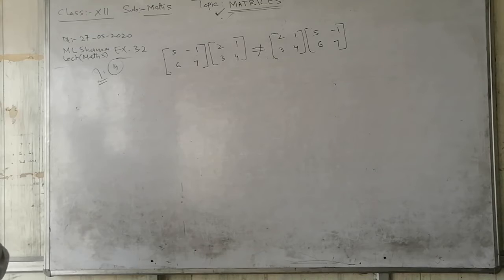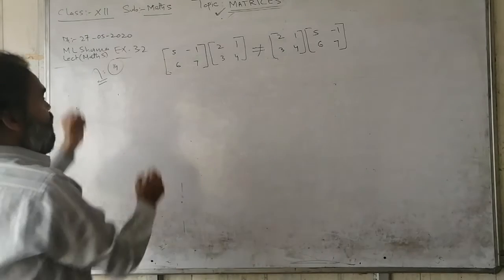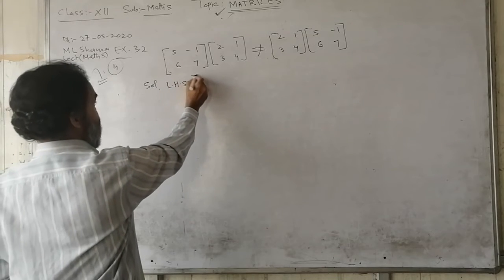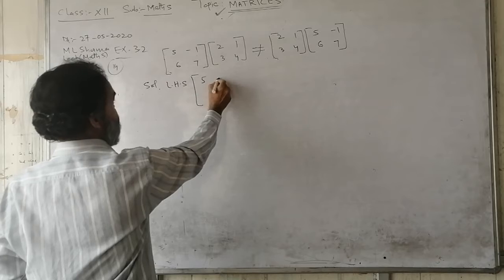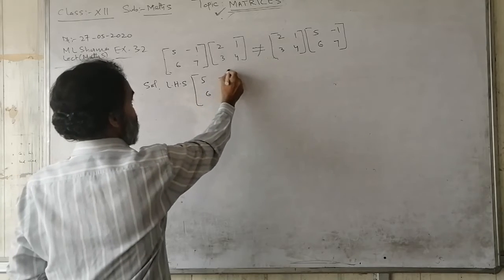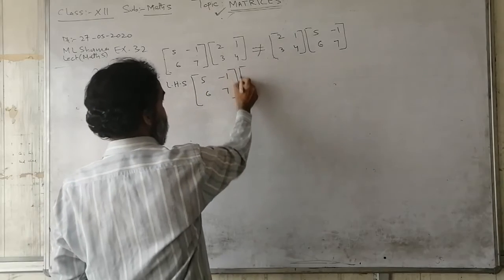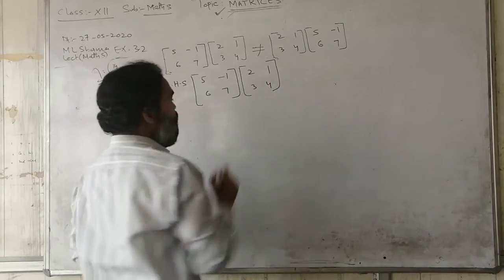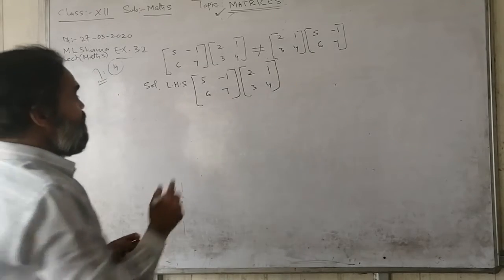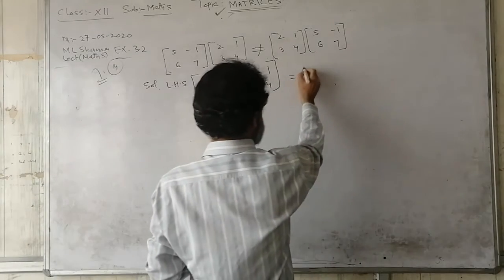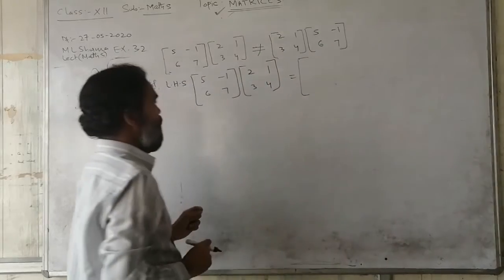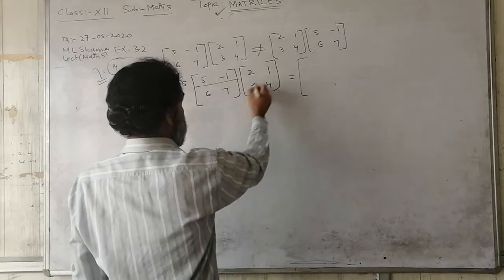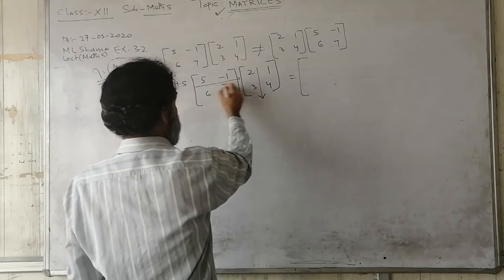So here, left hand side, if I take, so product of two matrices is to be taken. So again, for multiplication, we multiply the row into column elements.